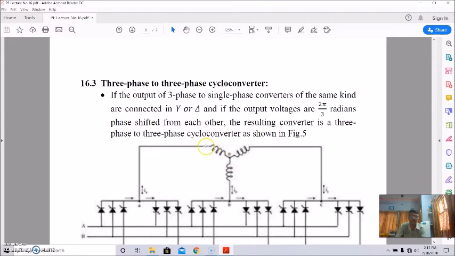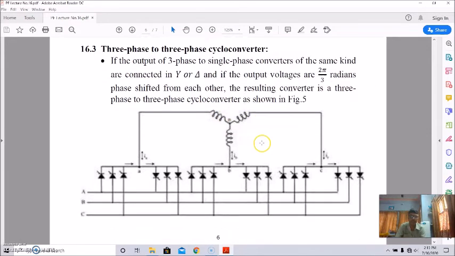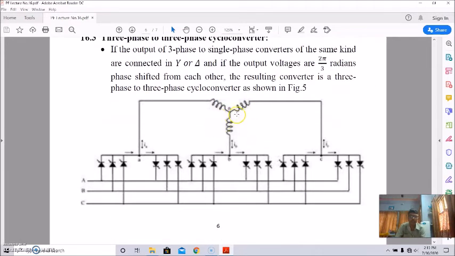The resulting converter is a 3-phase to 3-phase cycloconverter, and it is shown here. Clear? Basically the load is either star connected or delta connected. So this is the circuit diagram.